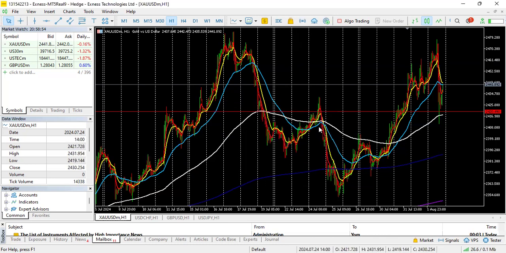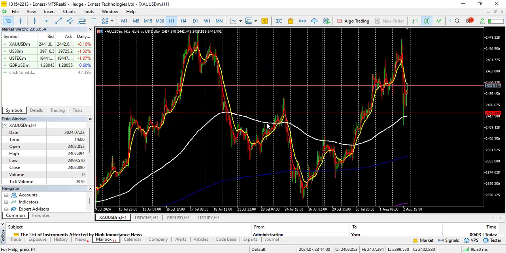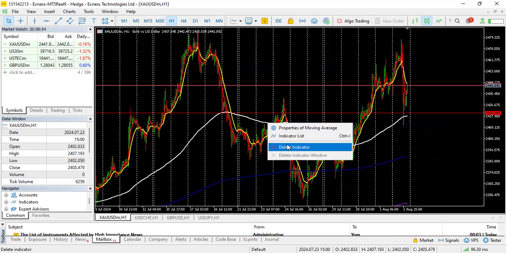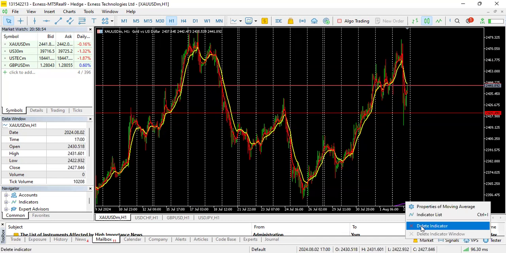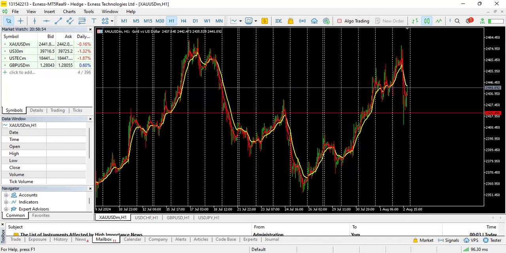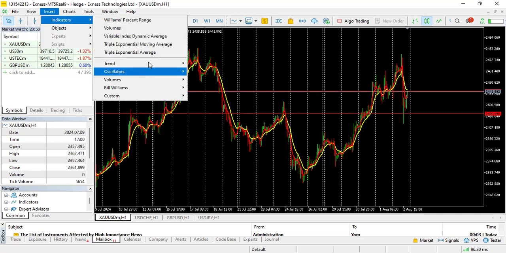Let me delete my indicators for now, so that you'll be able to replicate the same thing. Okay, so I have a plain interface now.